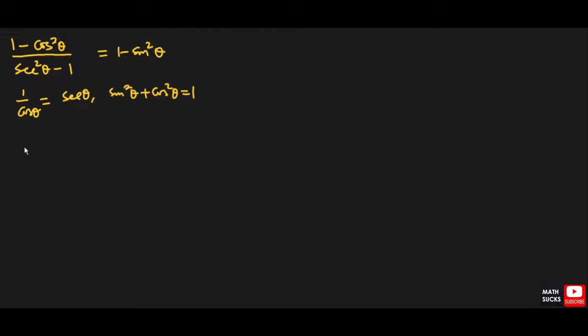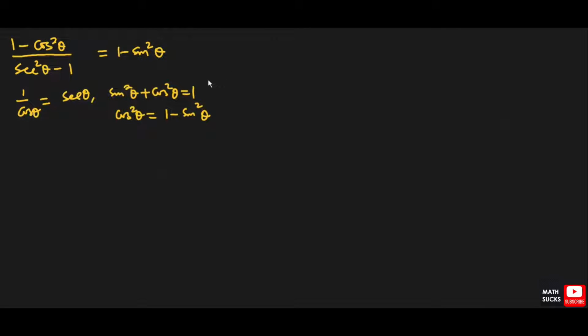So you can see that cos squared theta is the same as 1 minus sine squared of theta. Which means that I can substitute for cos squared theta, or I can just take cosine to the other side.